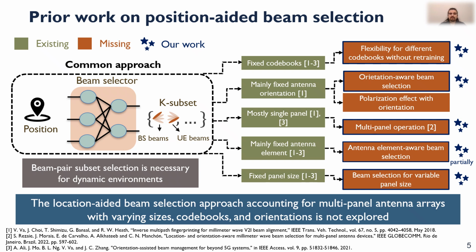So the method is not flexible for different codebooks without retraining. There can be multiple models, but training a model for each antenna configuration and each codebook is not scalable. So orientation-aware beam selection, multi-panel operation, antenna element aware beam selection, and beam selection for variable panel sizes are missing in the prior work. So it's underexplored.